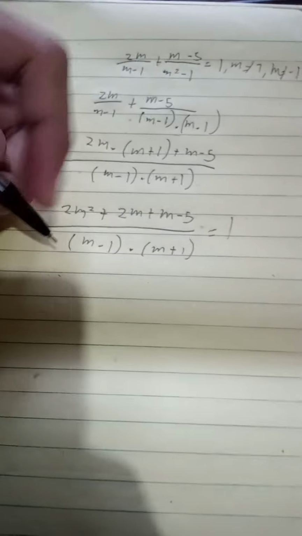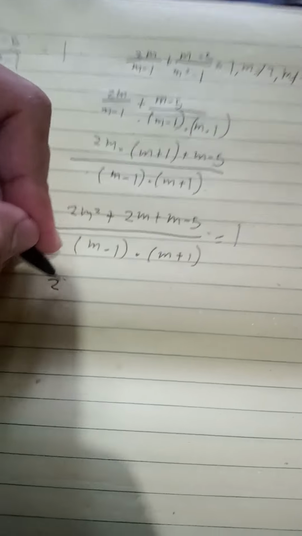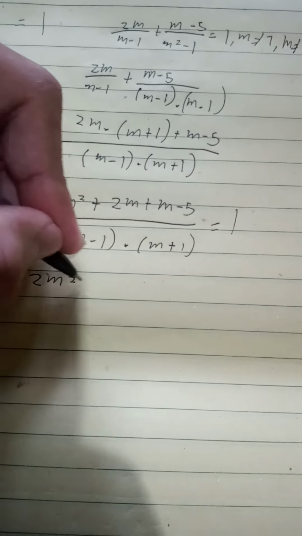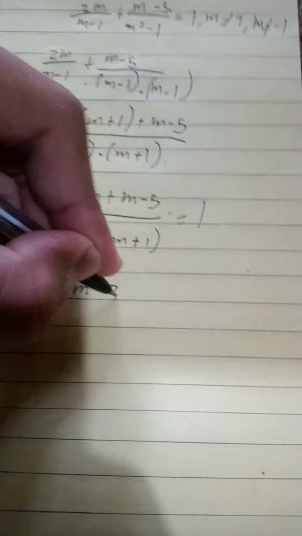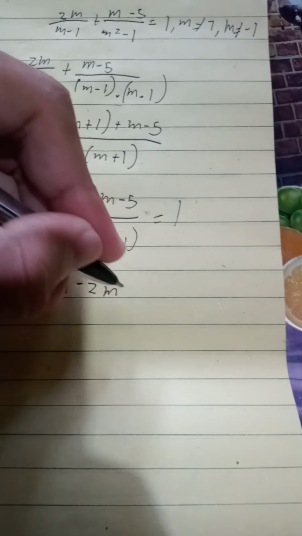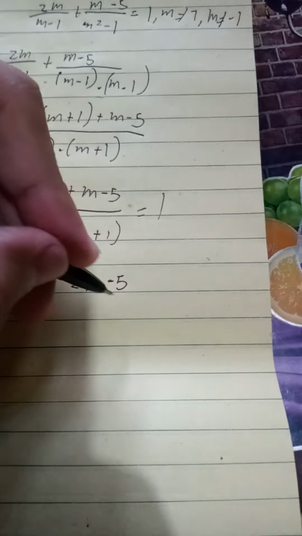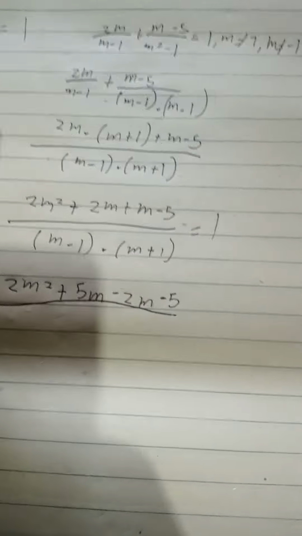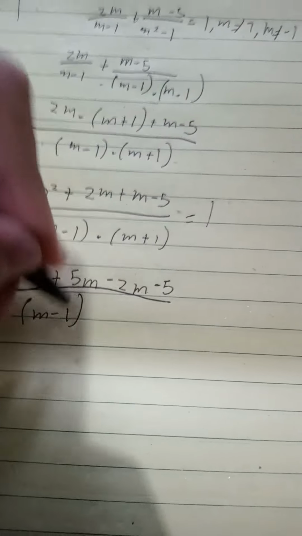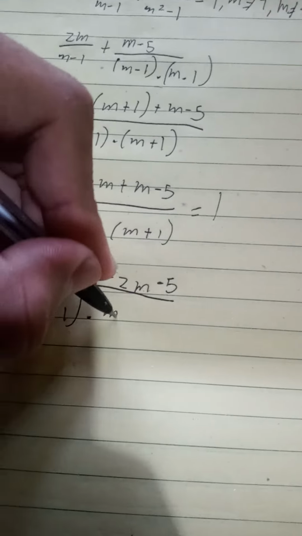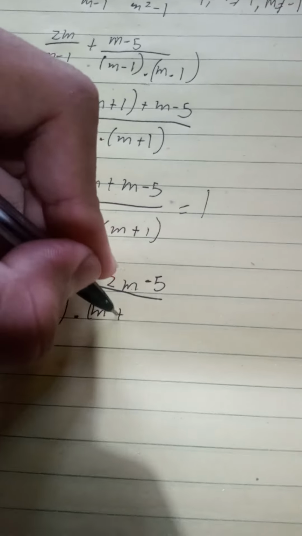So we must rewrite. So it will be 2m squared plus 5m minus 2m minus 5 over m minus 1 times m plus 1.